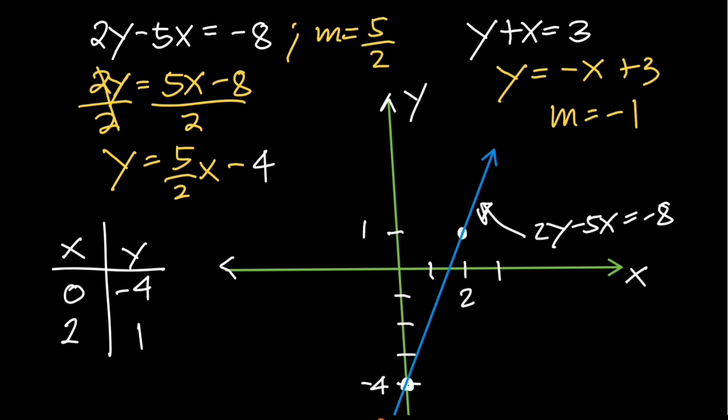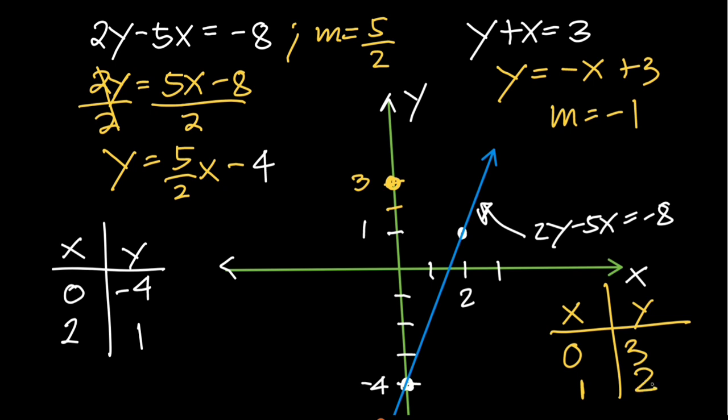Okay, graphing the second one with the slope negative 1. Let's assign values for x to solve for y. If x is 0, y is 3. Then when x is 1, y is 2.